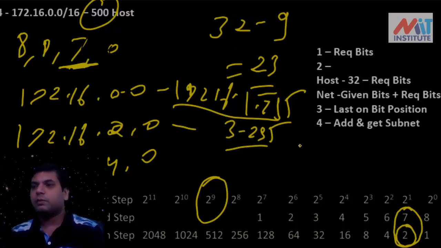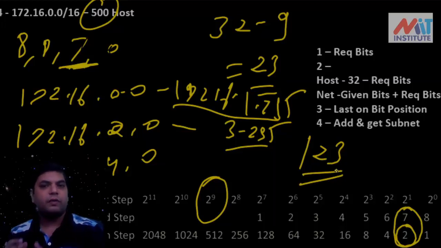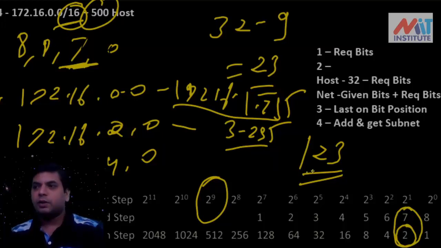Our new subnet mask will be 23, which is 255.255.254.0 in decimal. And how many subnets will we get if we go like this? It is the number of bits we have changed to on. The given subnet mask was 16, the new subnet mask is 23.